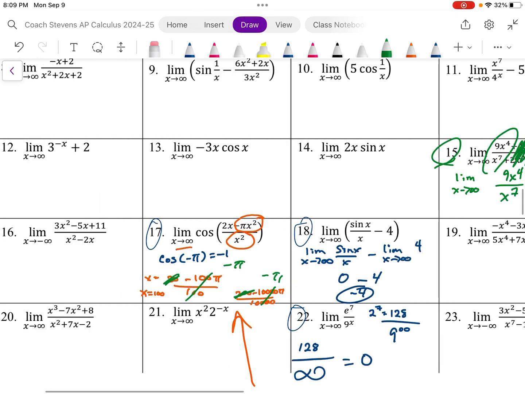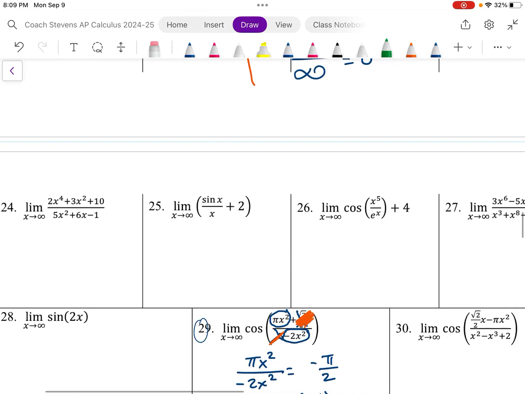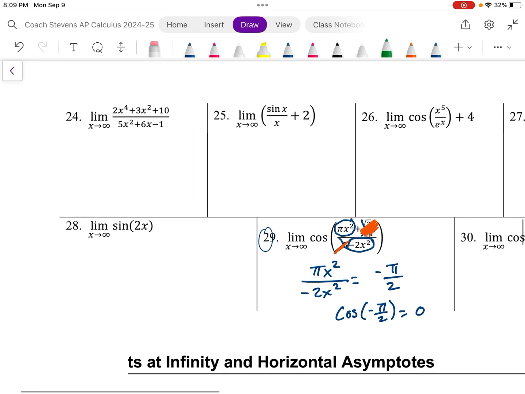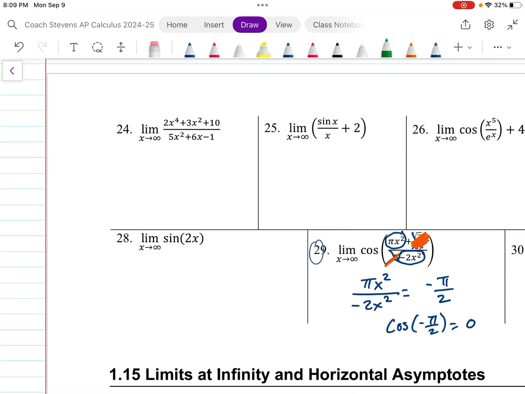Looking at 28, here's what I would focus in on. As we're going to infinity, the limit as x goes to infinity of just sine x.